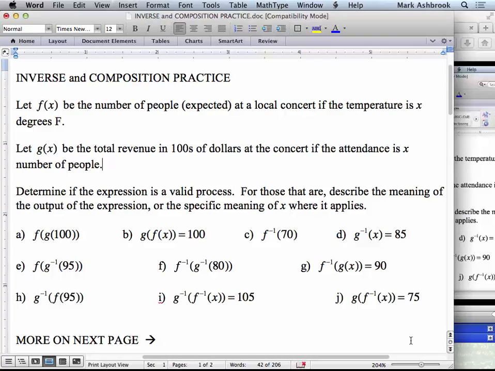Talk them out; don't try to copy this down, it'll take too long. What you might do to start is identify the input and output of each of these. That will be very helpful.